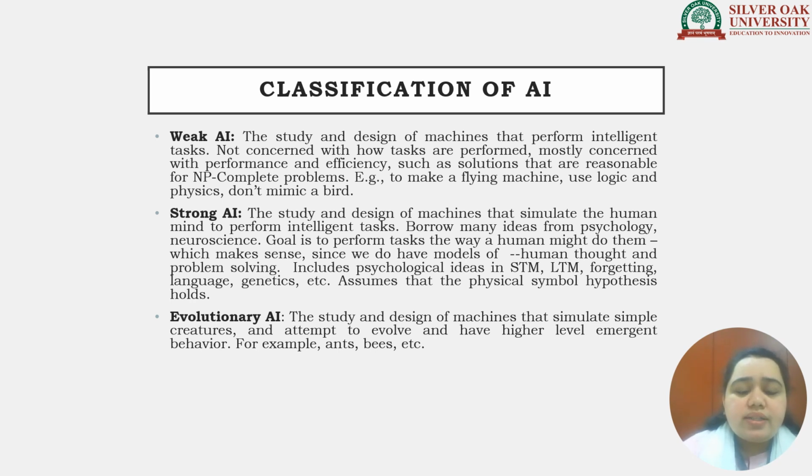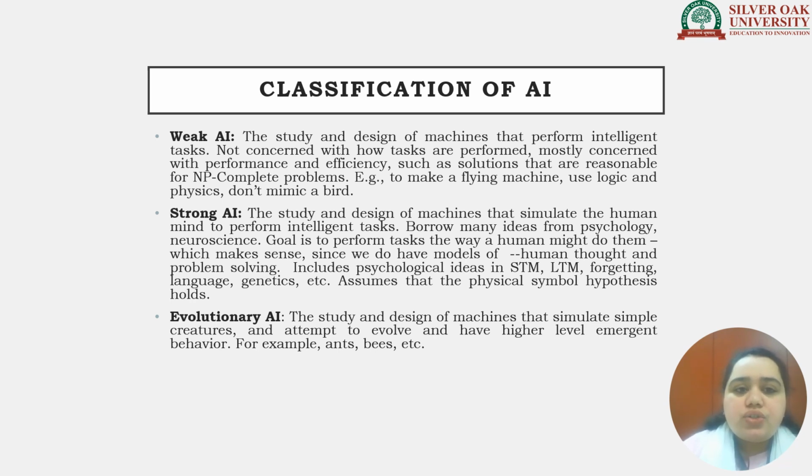Let's try to understand what is weak AI. Weak AI, the study and design of machines that perform intelligent tasks, is known as weak AI. For example, a flying machine is an example of weak AI.